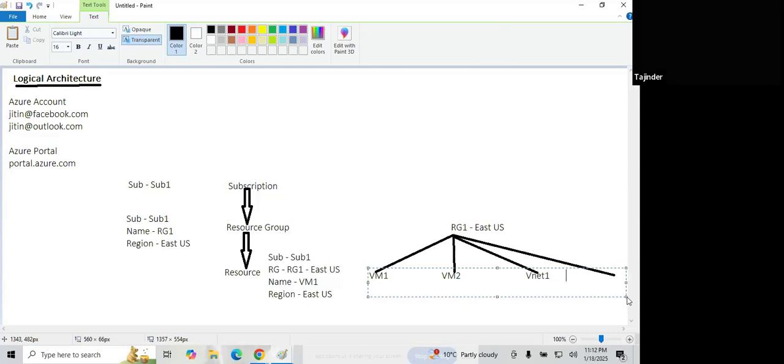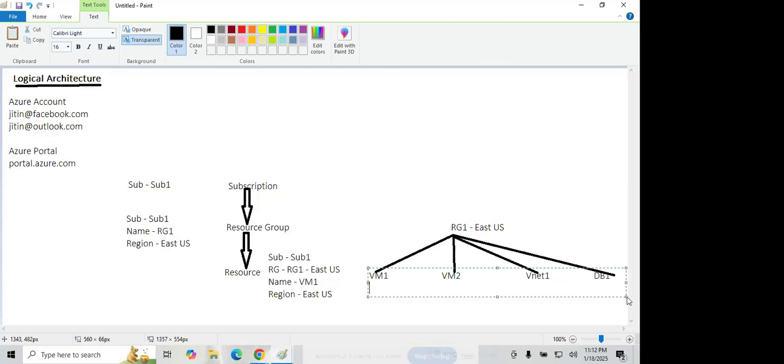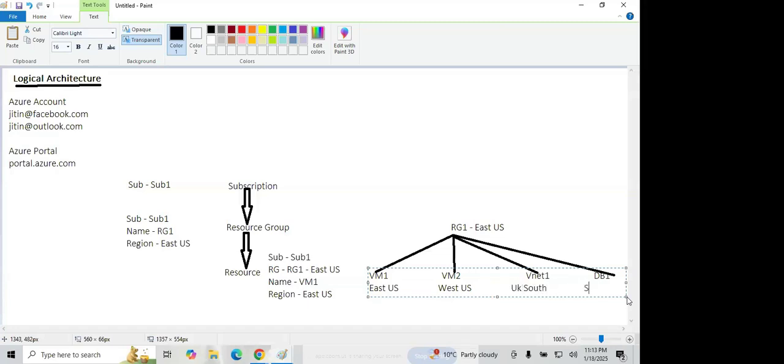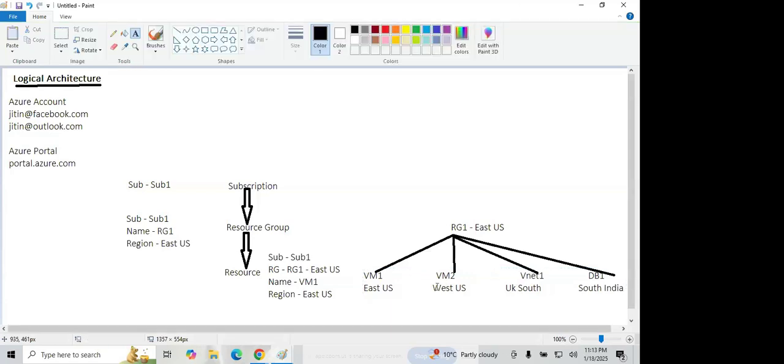So in this resource group, let's say we have four resources: VM1, VM2, VNet1, and DB1, right? So we have four resources. Some of them are of the same type: VM1 and VM2 are of the same type, both of them are virtual machines. Some resources are of a different type. The third one is a network.